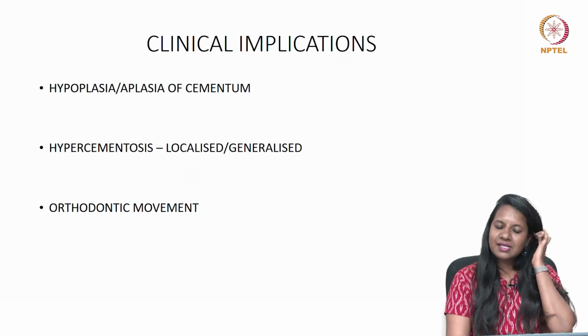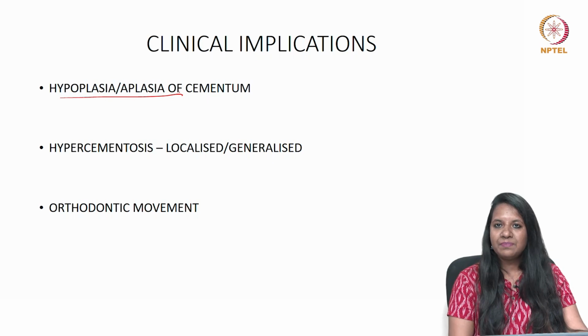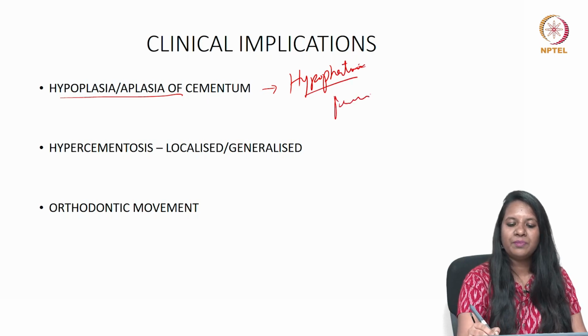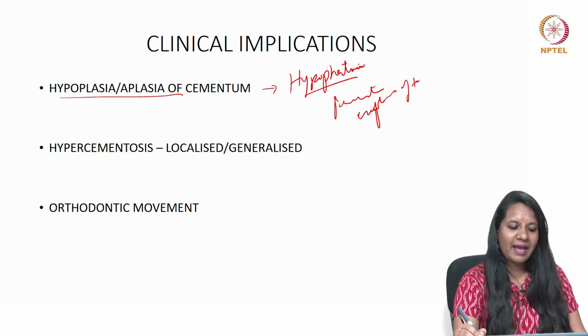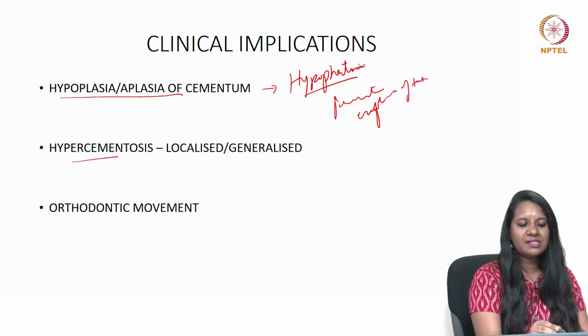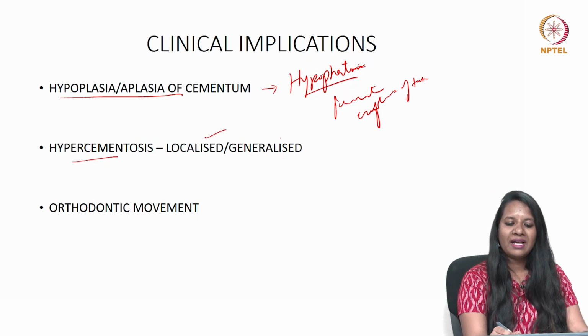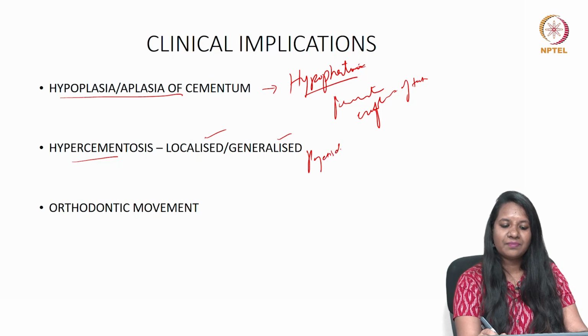Clinical implications: hypoplasia or aplasia of cementum is nothing but absence of cementum, which is seen in a condition called hypophosphatasia, where there will be a complaint of premature exfoliation of teeth. And hypercementosis, which is nothing but increased cemental deposition. It could be either localized or generalized, as seen in Paget's disease.